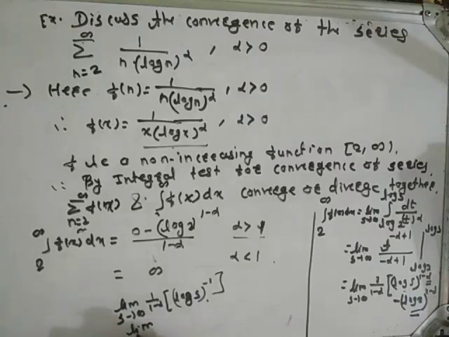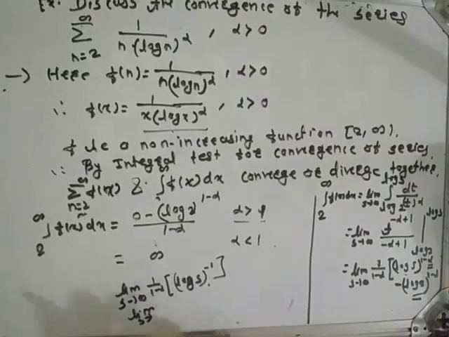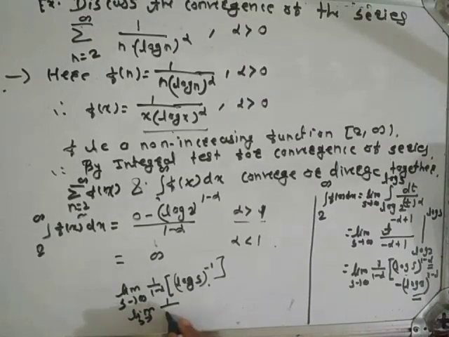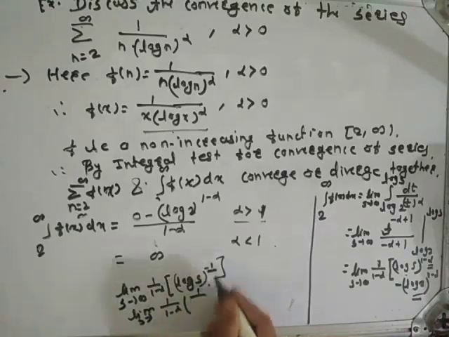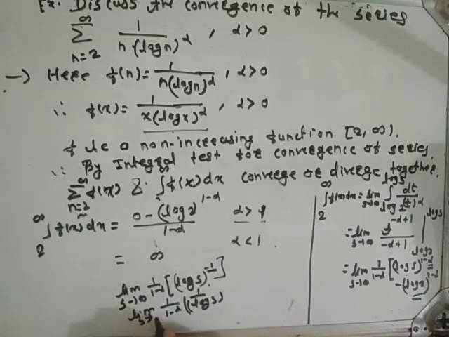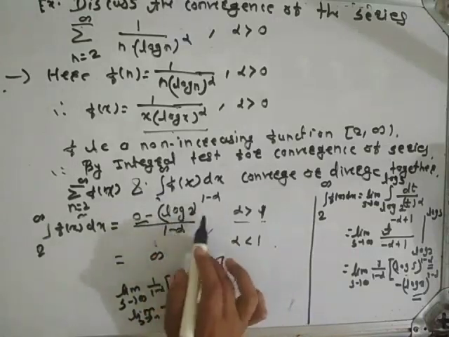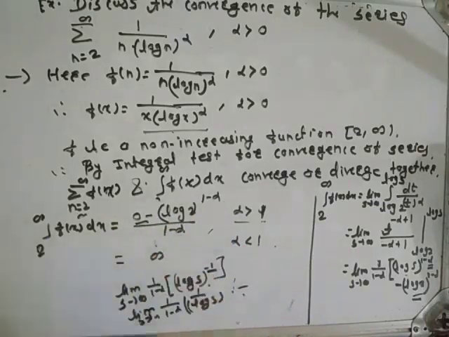This is raised to minus 1, so it is 1 upon log s, and as s tends to infinity, log s tends to infinity. So this is 1 upon infinity, which becomes 0. So there remains only log 2 raised to 1 minus alpha upon 1 minus alpha.